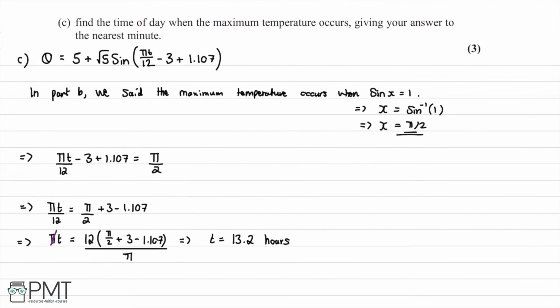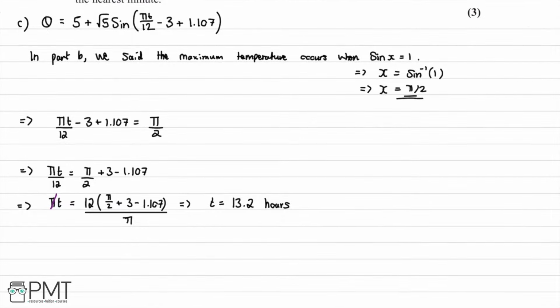So looking back to the question, we were asked to find the time of day when the maximum temperature occurs. And we're asked to give our answer to the nearest minute. So yes, we have a time here and it's in hours, but we don't normally work in 0.2 of an hour. So we need to convert this into minutes, as that's what we're used to.